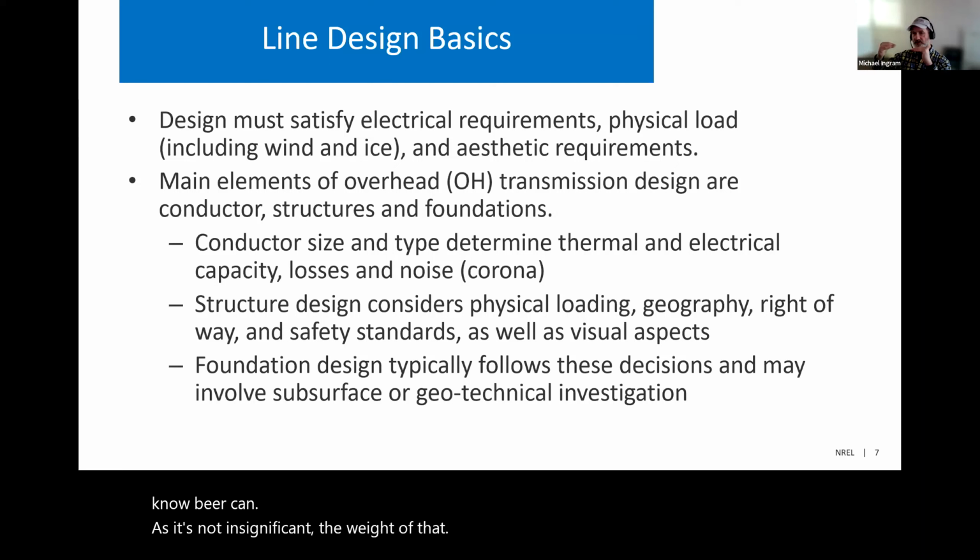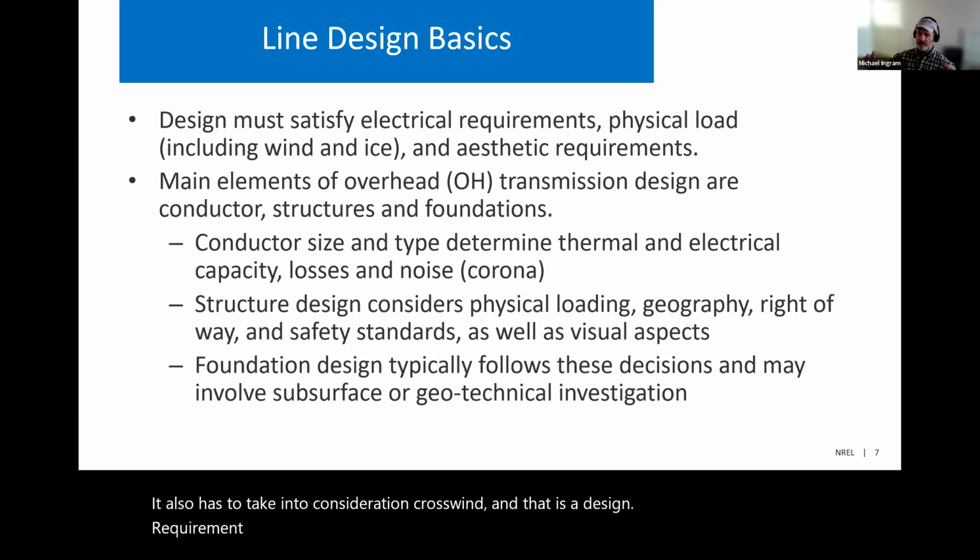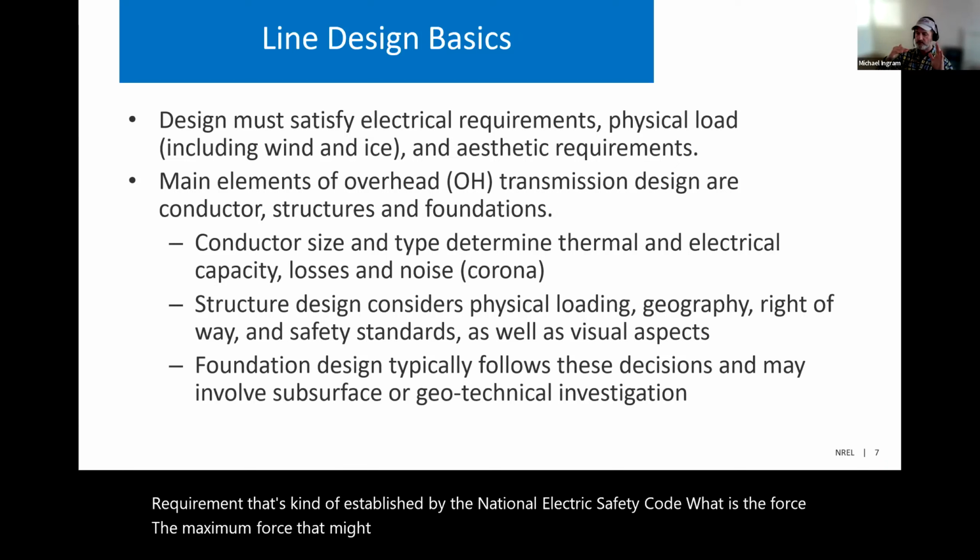It also has to take into consideration crosswind, and that is a design requirement established by the National Electric Safety Code. What is the maximum force that might be placed on that cross conductor, and how is that carried by the structure?